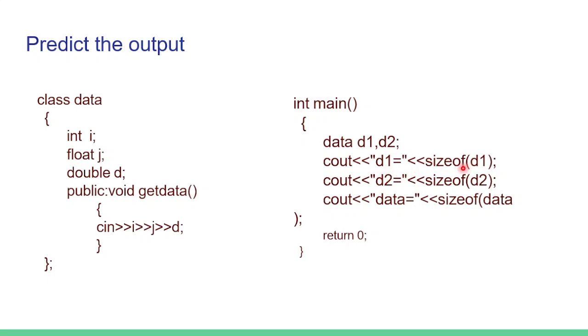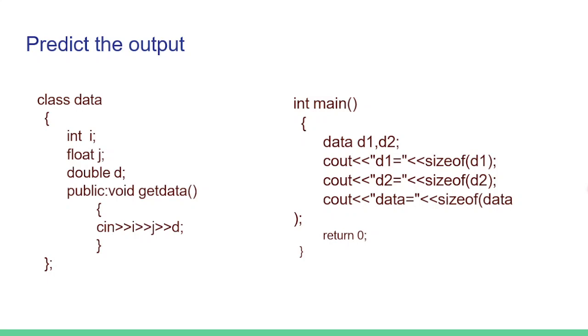So in the first case we are printing the size of d1, that is the size of the object d1. The size of the object d1 will be the sum of the memory of each of the data members in that object, and similarly the size of d2 will be the sum of the data members in that object.